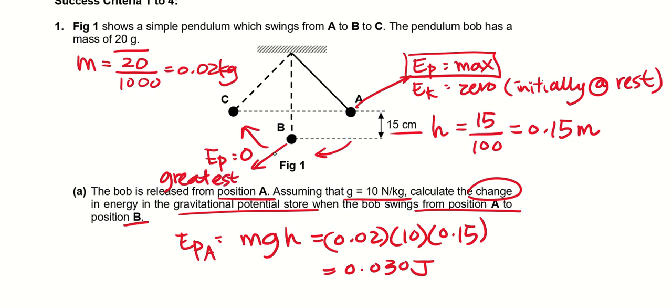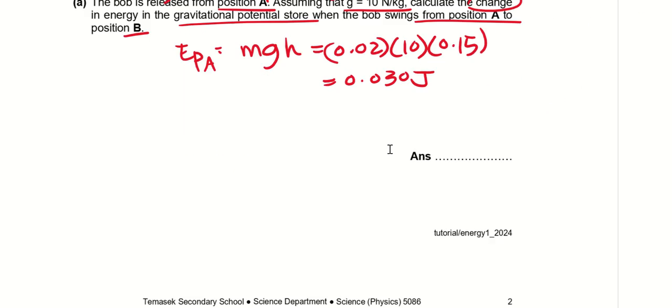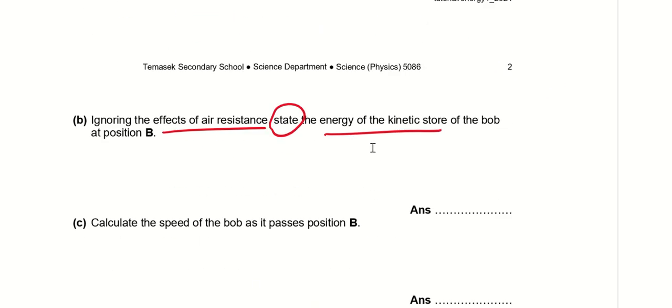Correct? Because it was released at A. At B, it has the greater speed. So if it has a greater speed, then it will have the greatest energy in the kinetic store. Therefore, the energy in the kinetic store at B is actually equal to 0.030 joules.